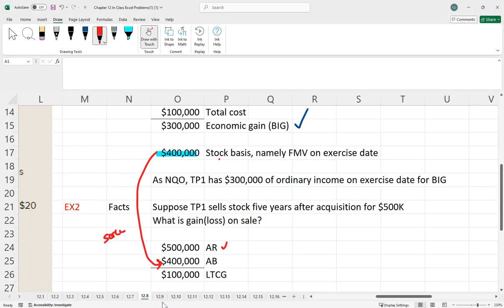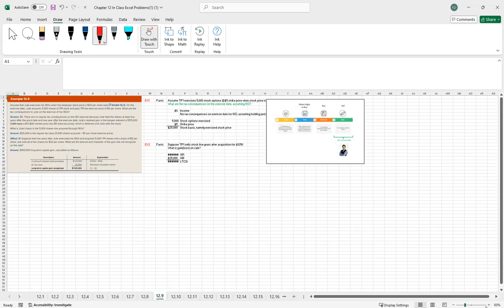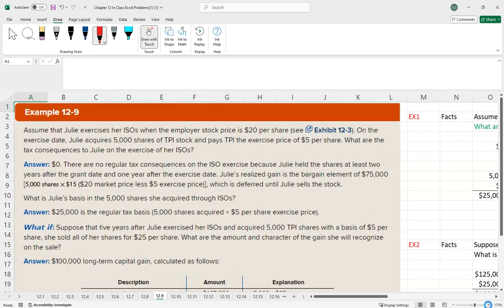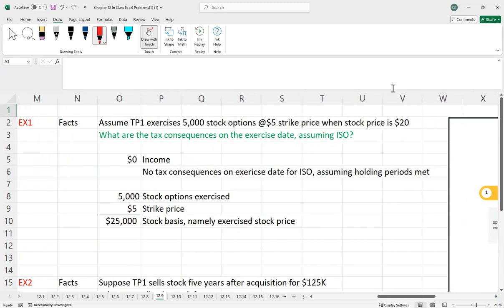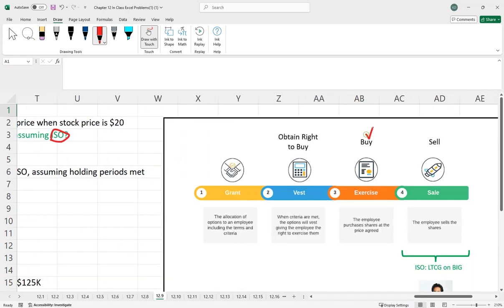Let's look at example 12.9. All right, so we're dealing with an ISO. It looks like they exercise 5,000 options at a $5 strike price. So here's the exercise date. Jerry bought some of it then.